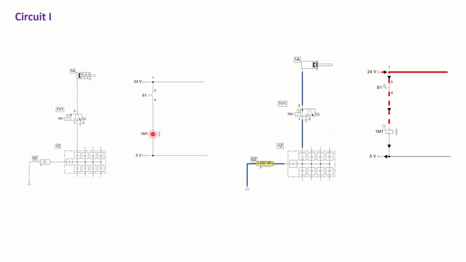Now the question is how we can start this operation and shift this directional control valve to the second position. As you see here, we have a power supply, which is 24 volts, and we have a switch which is a push button switch.